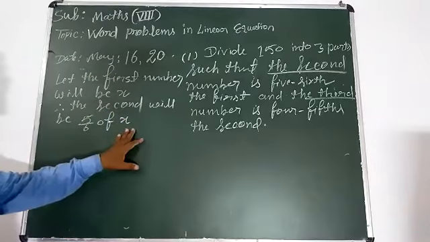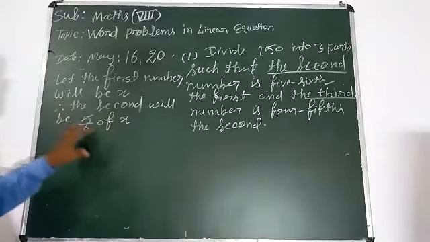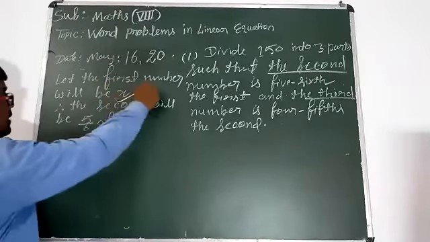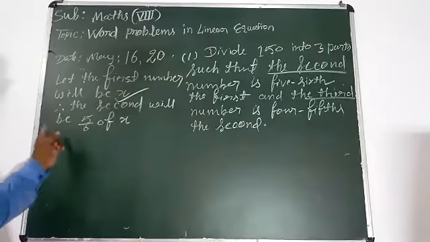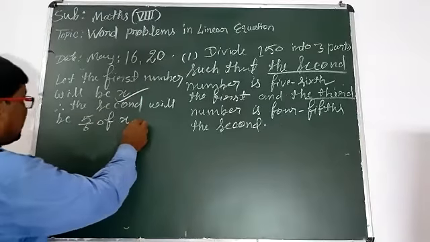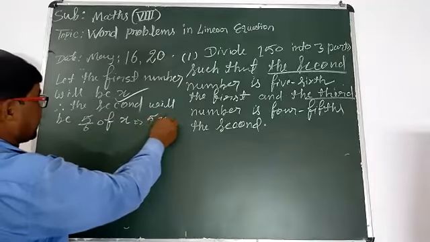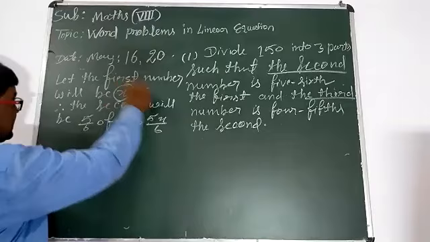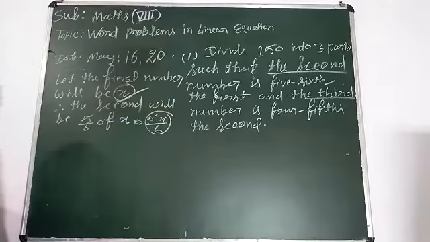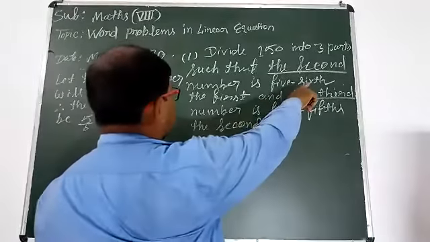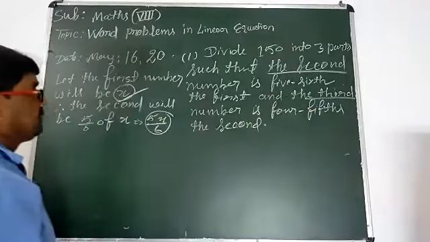Okay, the second number is 5/6 of the first number, and the first number is supposed to be x. So the second number will be 5/6 of x. In this way, you can write 5x/6. Okay, this is the second number. After supposing the first number, you get the second number because the condition is given.